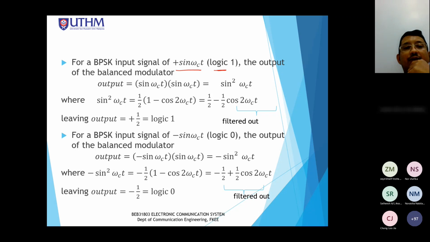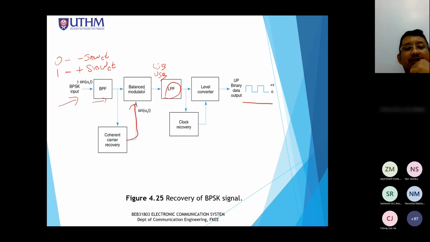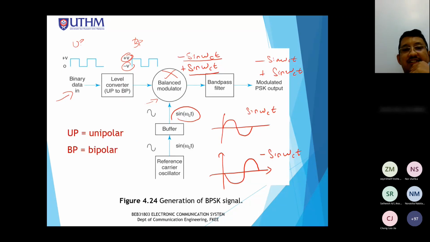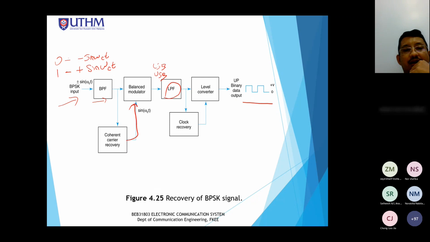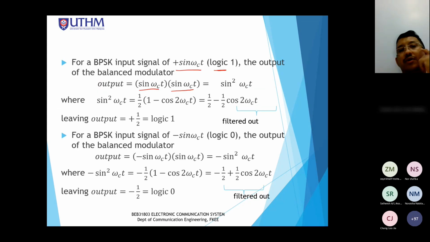The output of the balance modulator is sine multiplied with sine: the input multiplied with the carrier oscillator. So you produce sine squared. According to trigonometry, sine squared is 1/2 (1 minus cos 2 omega ct).